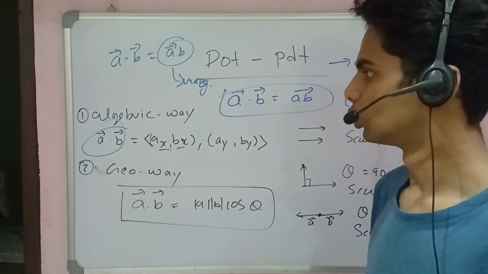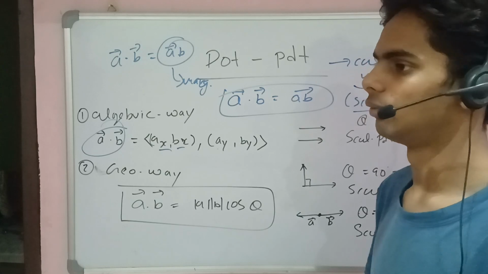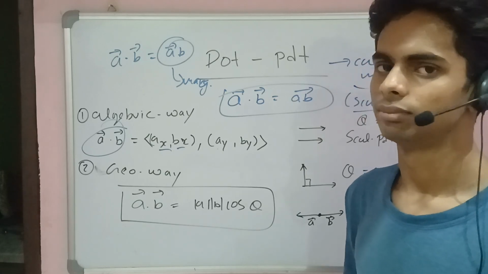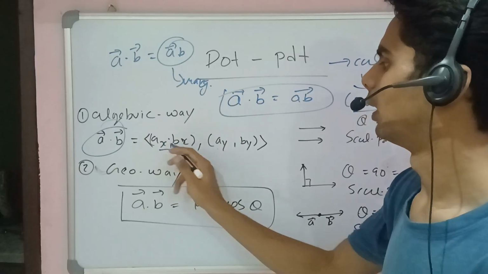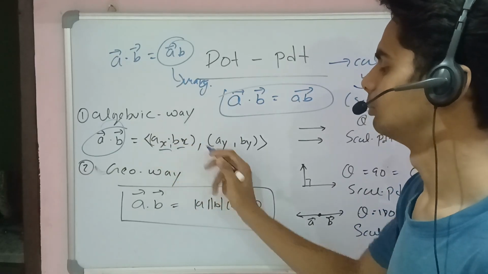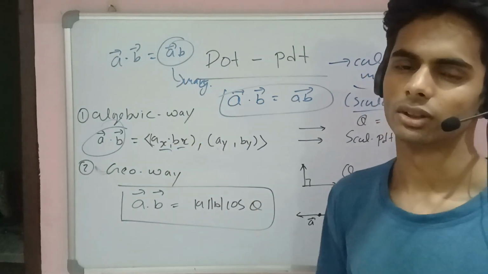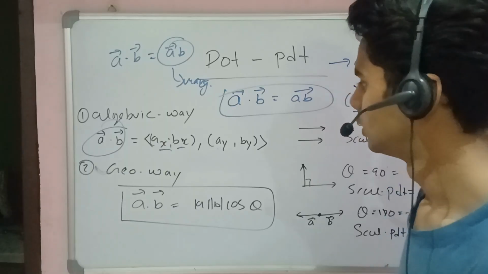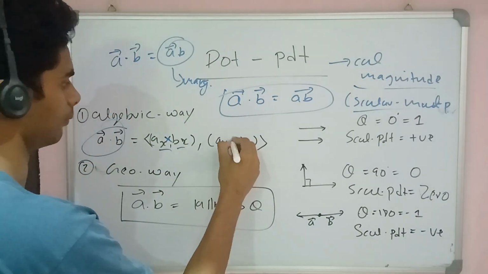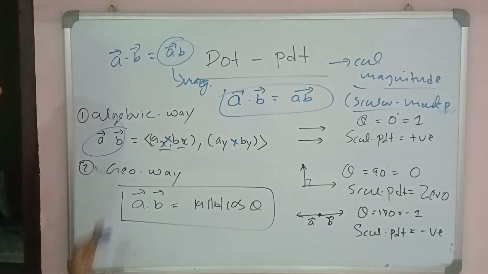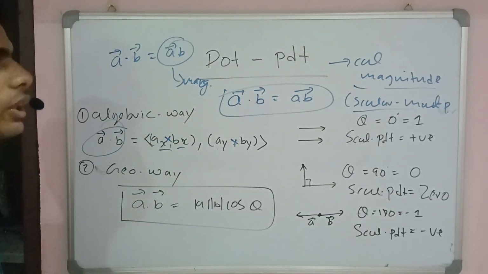That is the algebraic way of calculating it. We multiply the vectors by ax and bx simultaneously to get the scalar product.